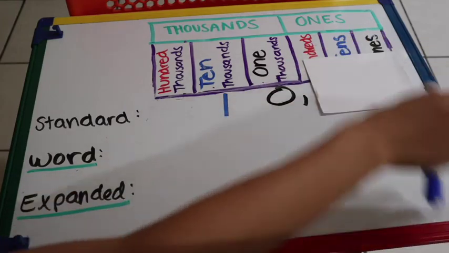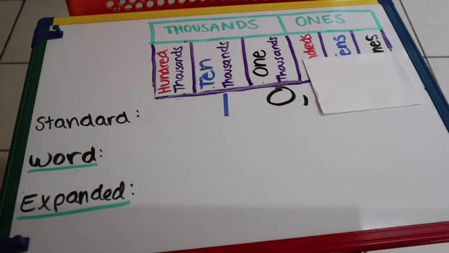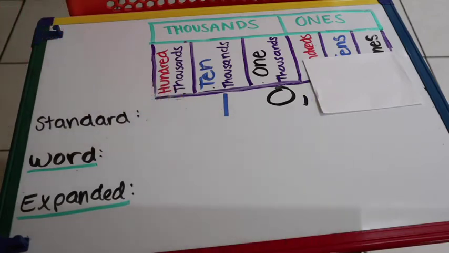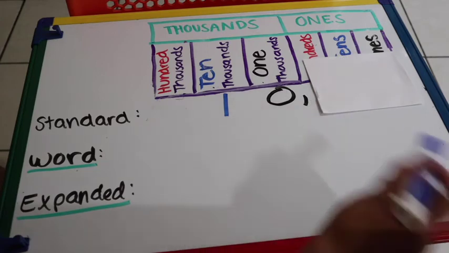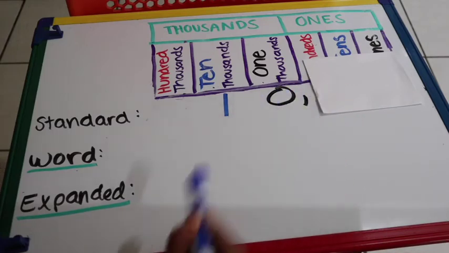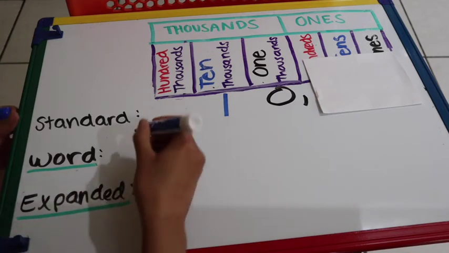You can use your hand if you like when you do your video response question. And I'm just going to look at this number. What number is it? 10. But I've got a comma right here. What does that mean? That comma means I am going to write the word thousand. So I'm going to write 10,000.